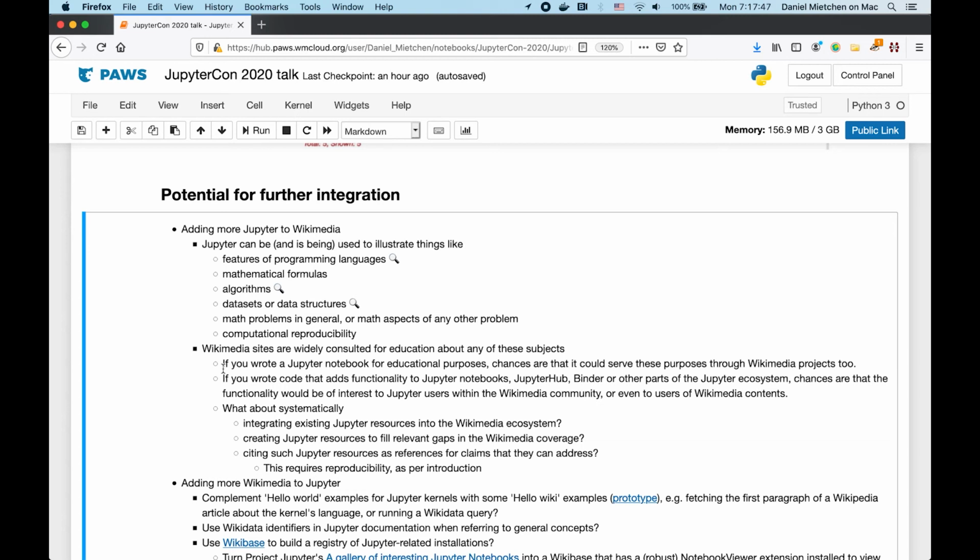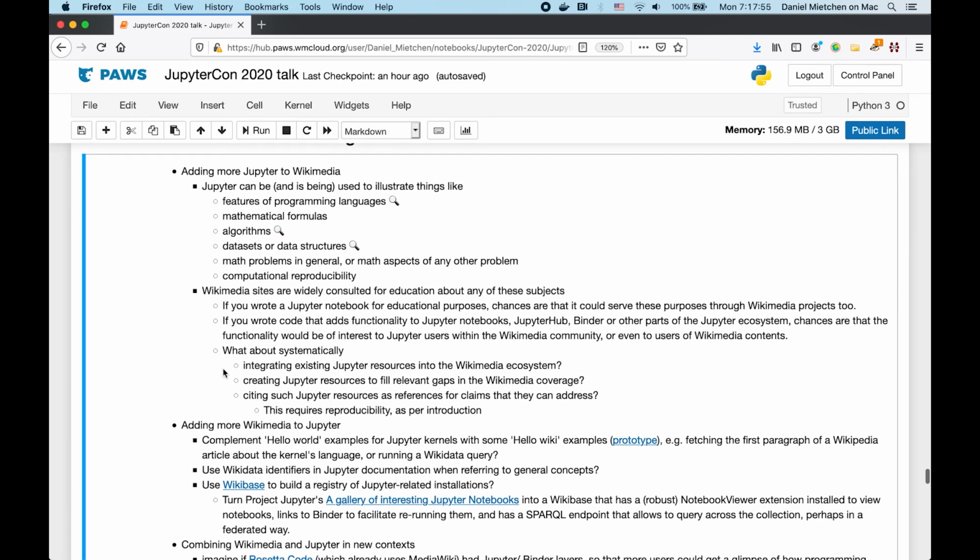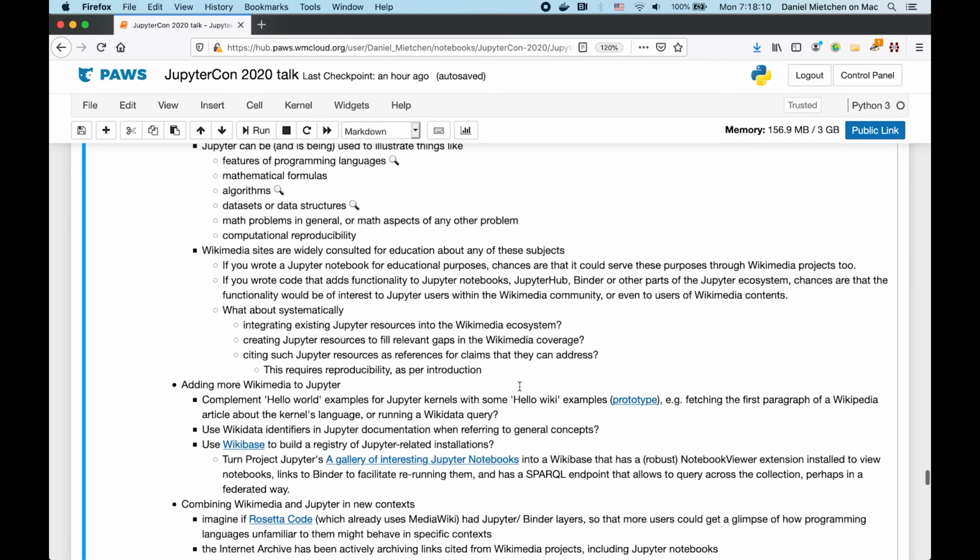Then if you did something to enhance Jupyter functionality, that enhancement would probably be of interest to the Wikimedia community as well. So I propose that we start thinking about systematically integrating existing Jupyter resources into the Wikimedia ecosystem, and also thinking about creating Jupyter resources to fill the relevant gaps in the Wikimedia ecosystem.